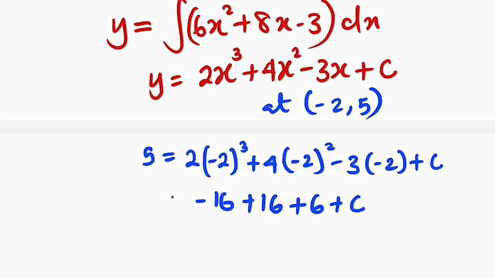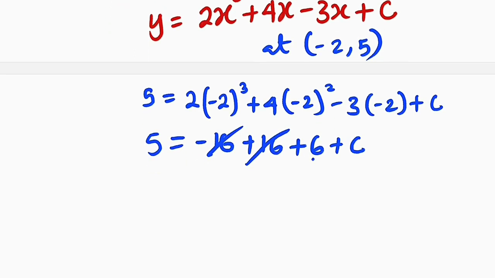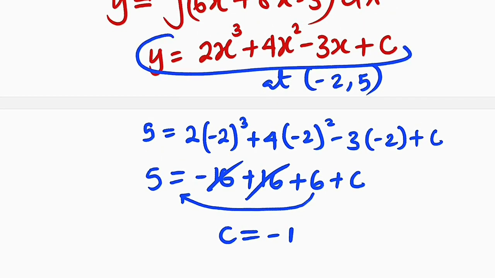Then plus c, this is 5. This and this will cancel. And if you take 6 to the left-hand side, it will become negative. 5 minus 6 is -1, and hence c is equal to -1. All you have to do is to bring it back in here, right?